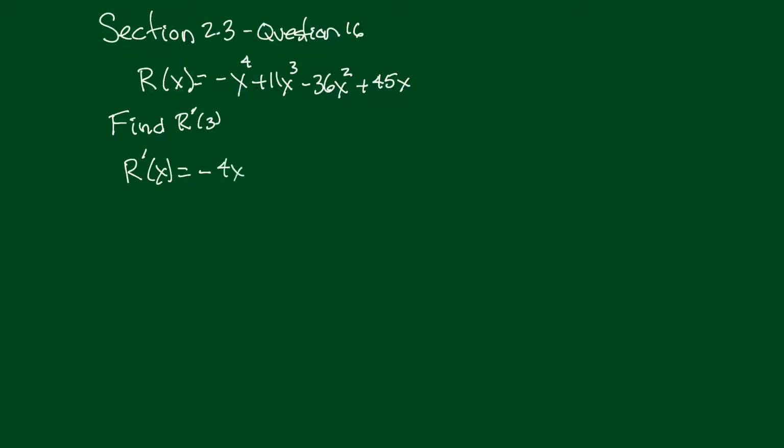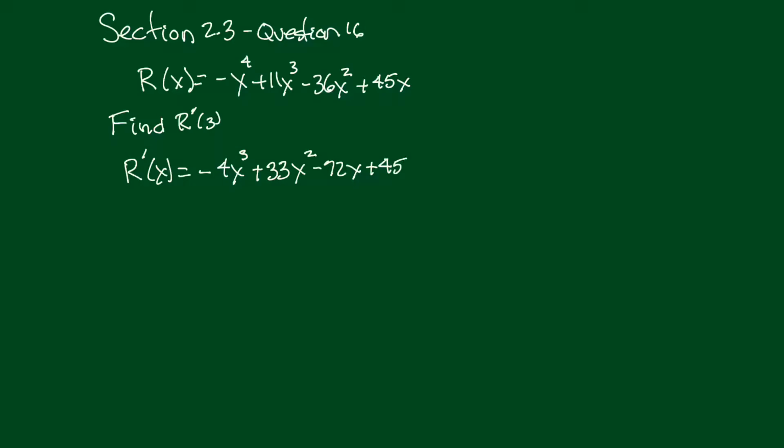We'll get negative 4x cubed plus, now you bring this 3 down as a multiplier, 3 times 11, 33, and then decrease the exponent by 1, 2, and then minus, bring that 2 down, 72x, and now we've got just this linear term over here, and we're just going to get its coefficient, plus 45.